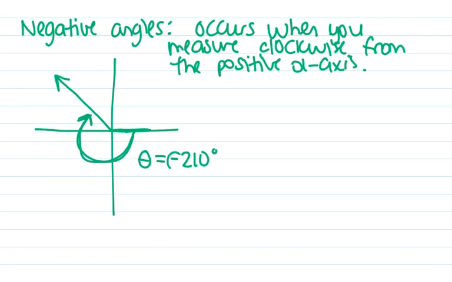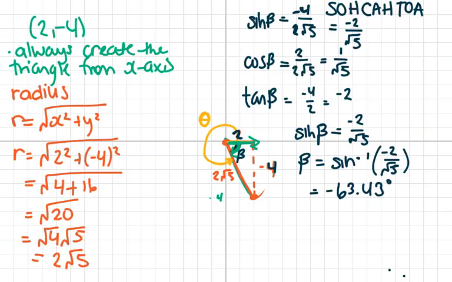So as soon as you see negative in an angle, you know that they started here and they went that way. Now, I want to find theta here. So if this was -63, that means they just started here and this angle was 63. So beta itself equals 63.43 degrees.